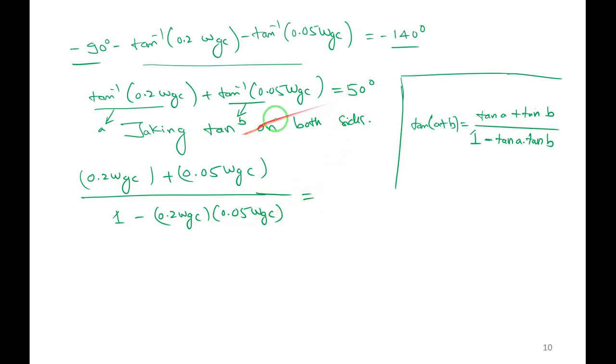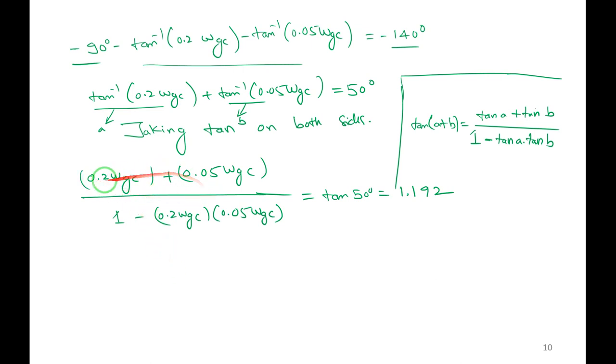Then tan on both sides, tan of 50 degrees. So let me write what I am getting. Tan of 50 is 1.192, I will round off. Okay, next we want to calculate omega gc.